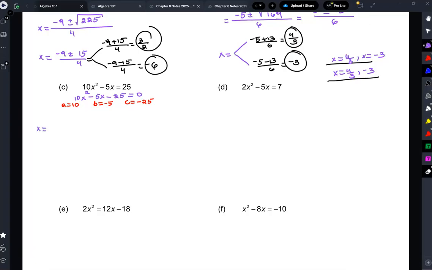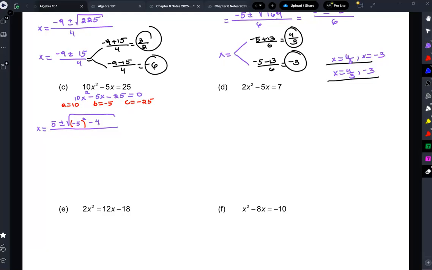So we have x equals negative B means what? Positive 5 plus or minus the square root of, watch it guys, it's going to be in parentheses negative 5 squared. Does this make sense?